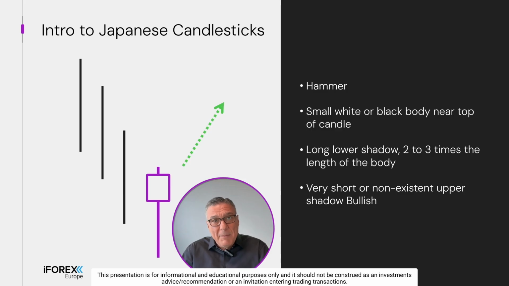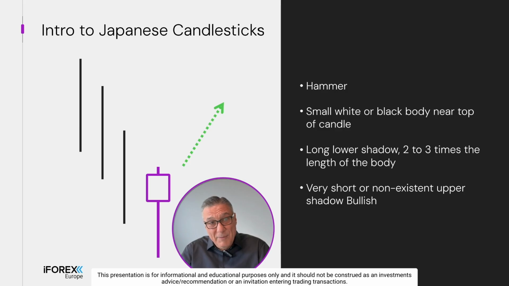Now, the hammer is a bullish candlestick pattern. It's a one candlestick pattern, but we cannot take it in isolation. We have to take it in conjunction with other technical tools.